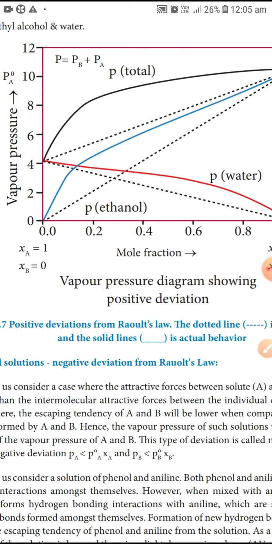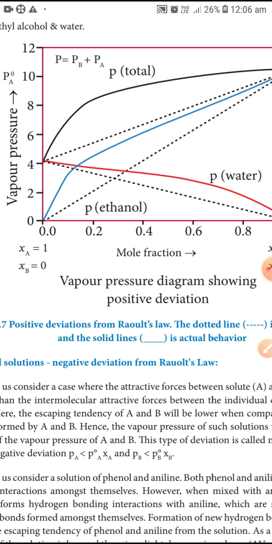Let us consider a case where the attractive forces between solute and solvent are stronger than the intermolecular forces between the individual components. Individual components are binding together by intermolecular attractive force. Here the escaping tendency of A and B will be lower when compared with an ideal solution formed by A and B.